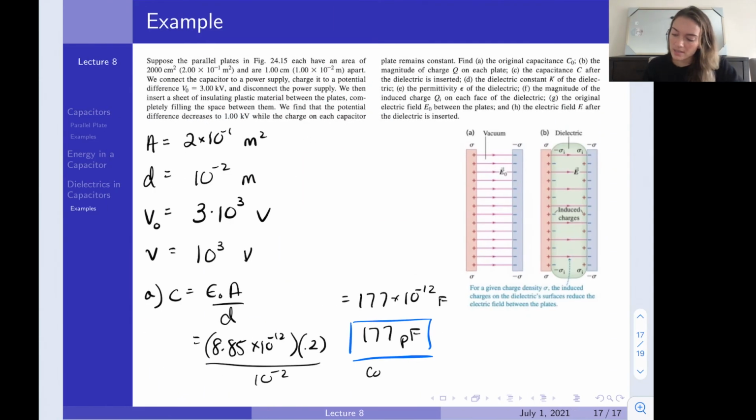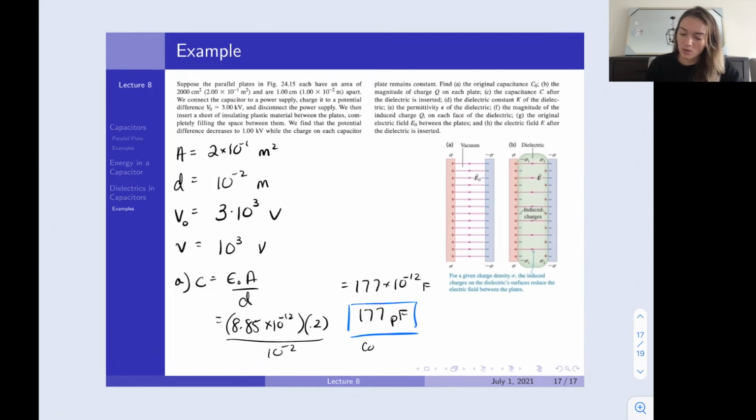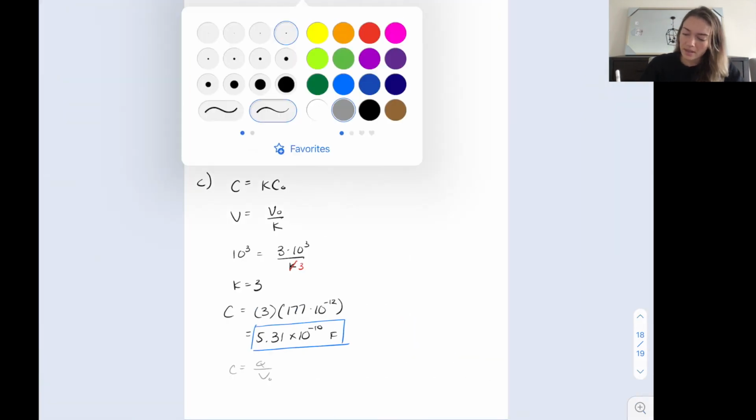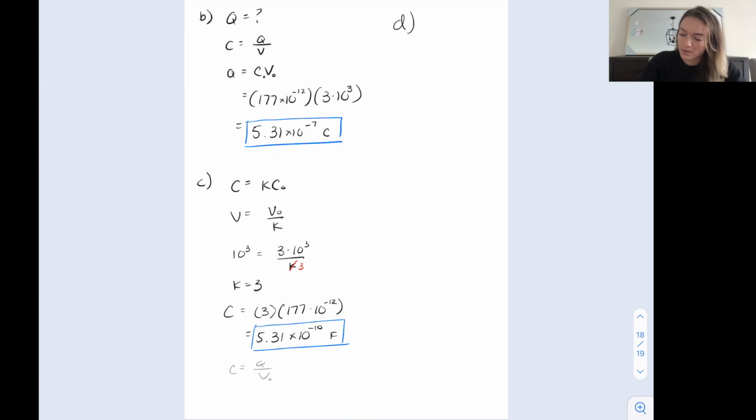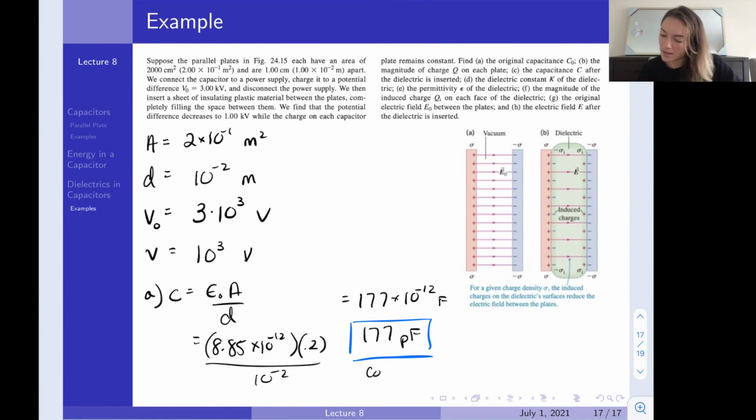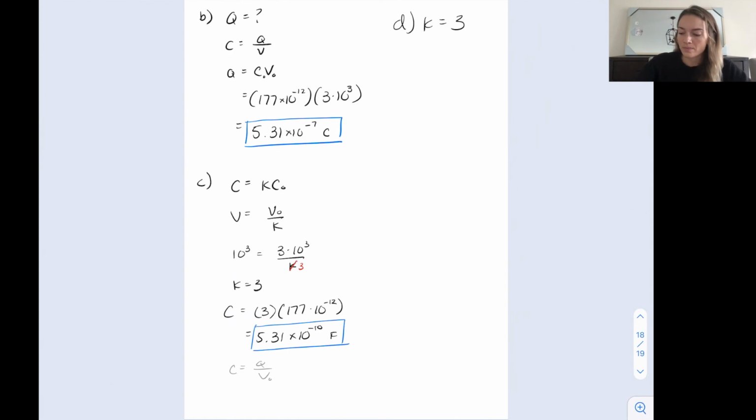So then for part D, we have to find the dielectric constant. We already found that. So K is just equal to 3. And then the permittivity epsilon of the dielectric. The permittivity is equal to the dielectric constant times the electric constant.